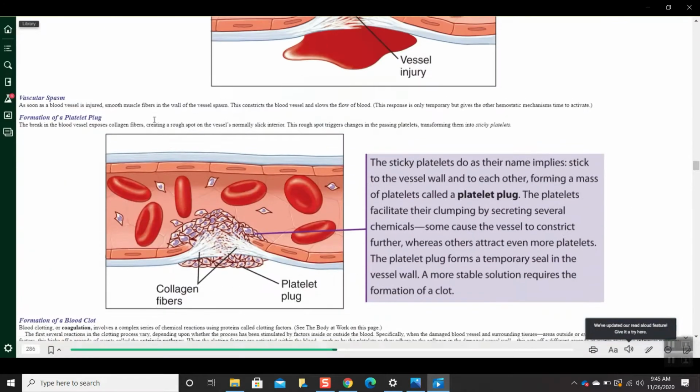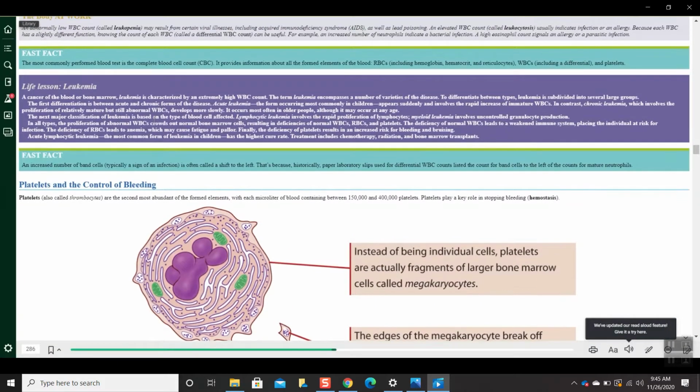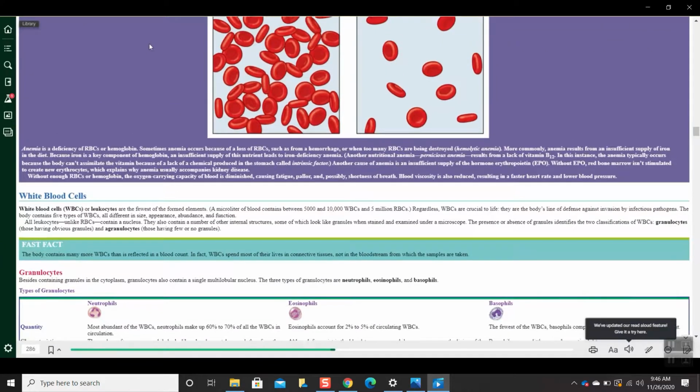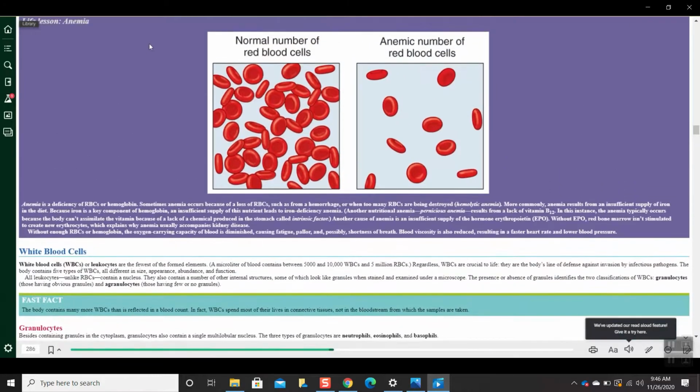I'm trying to find the section for anemia. Anemia is a deficiency of certain things in the blood. So you can have a hemolytic or hemorrhagic anemia.